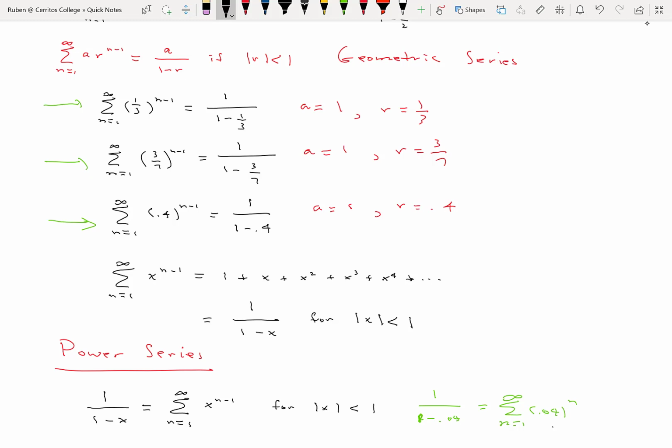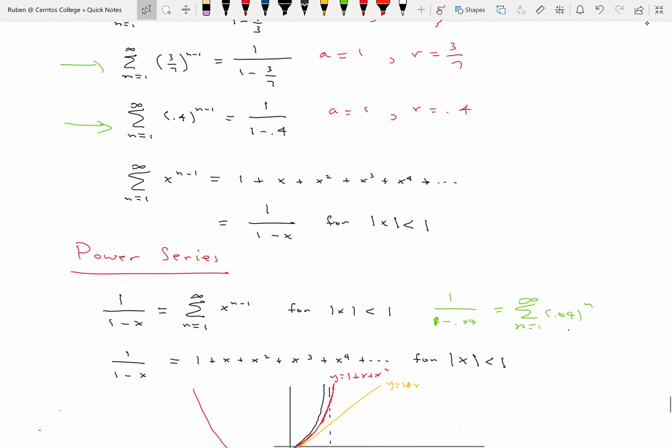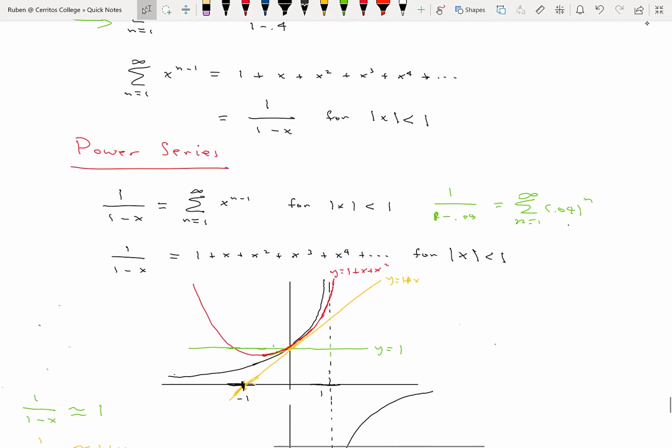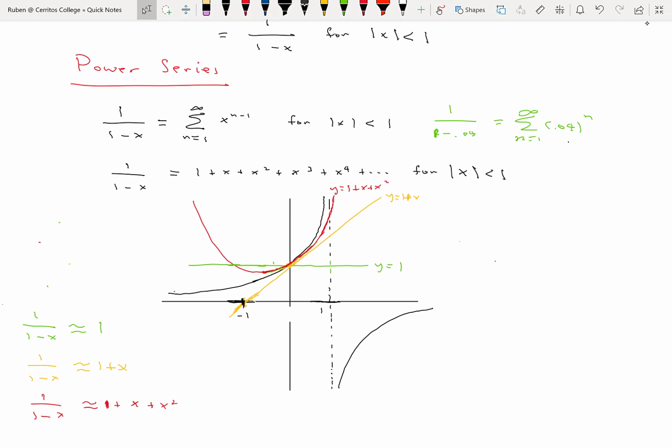Okay, so let's take a look at what power series are representing geometrically. You're looking at a graph, and it looks like there's a lot of complicated things on that graph. So I want you to focus on just little bits of what you see on the graph at a time.